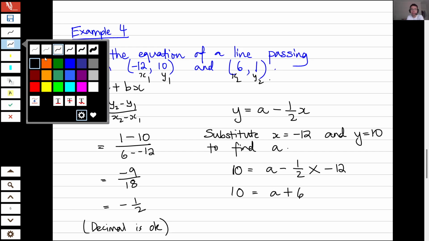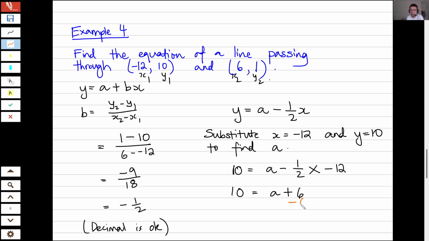The inverse operation I want to do here is minus 6 on both sides, and that's going to leave me with a equals 4. And so, remember, you want to always answer the question, so give me the equation: y equals 4 minus half x.